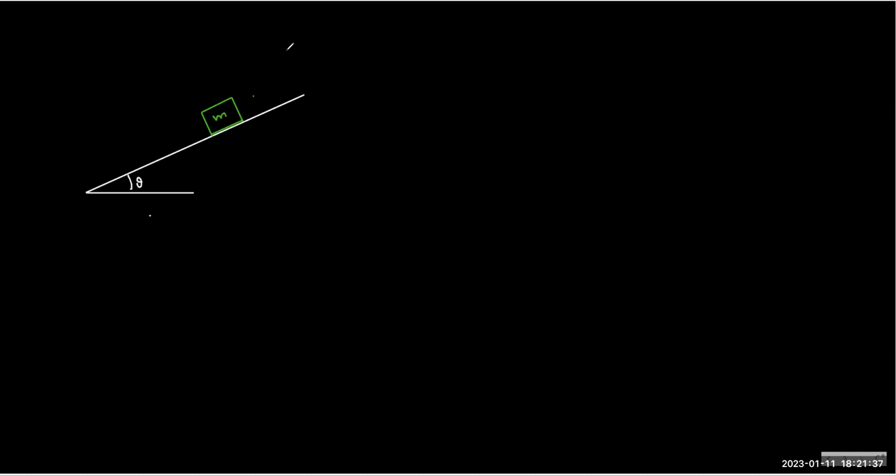So this is your mass, and let's say you attach some thread, and the thread passes over some pulley. Then the same thread passes over the pulley, and it is also connecting another mass. Let's call them M1, M2. Okay. So this is your diagram.